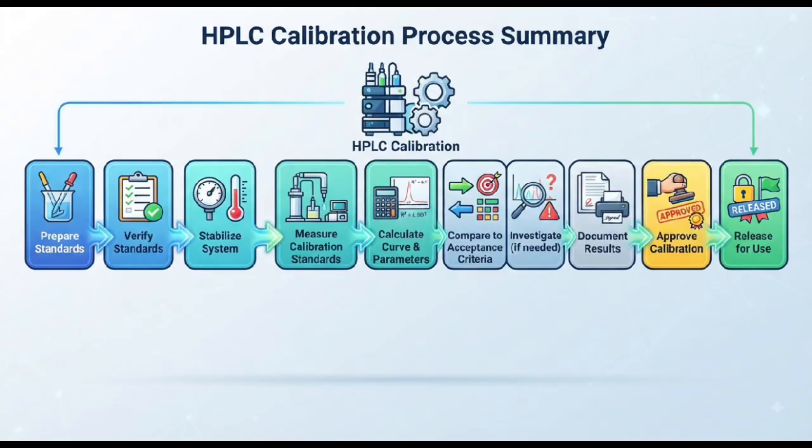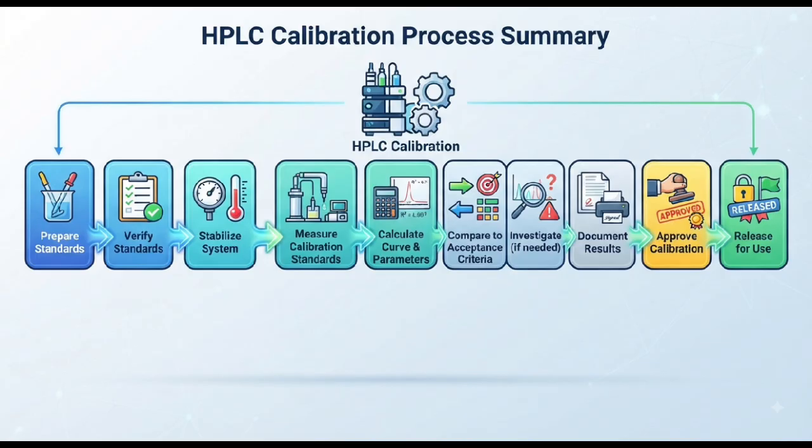Final summary. Let's summarize. HPLC calibration is performed to demonstrate that important instrument performance characteristics remain within predefined requirements. Depending on the system and approved procedure, calibration may include checks such as flow rate, wavelength accuracy, temperature, injection performance, gradient proportioning or GPV, and other applicable parameters.